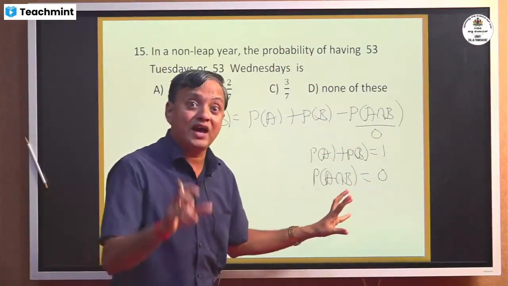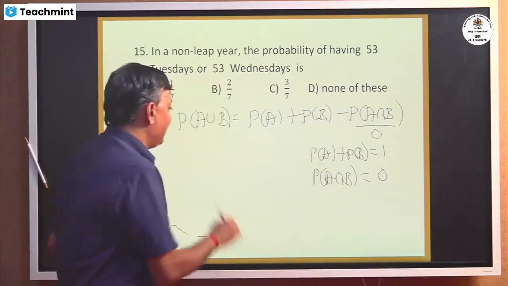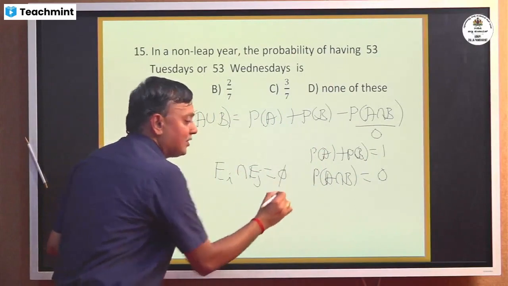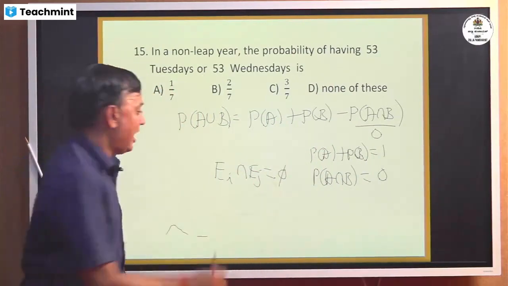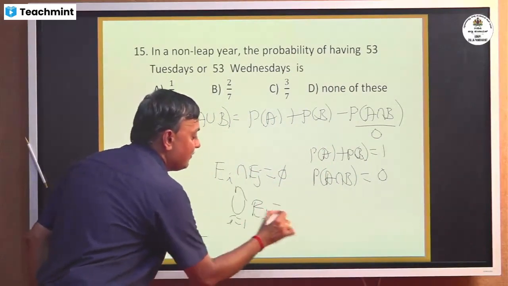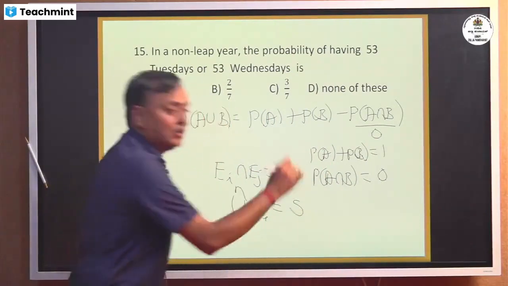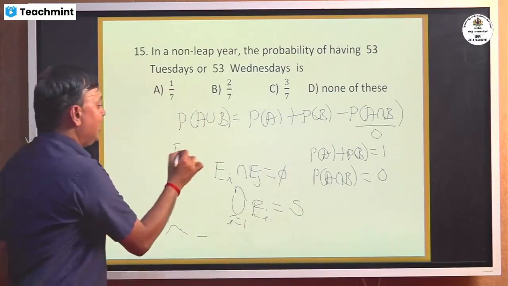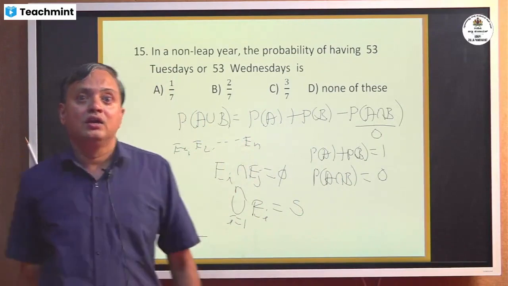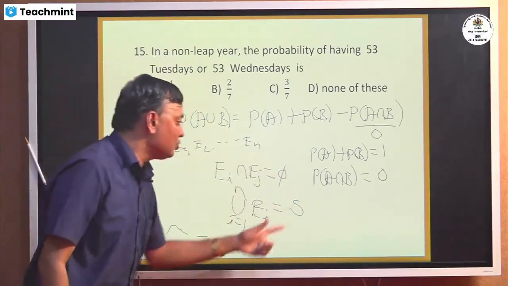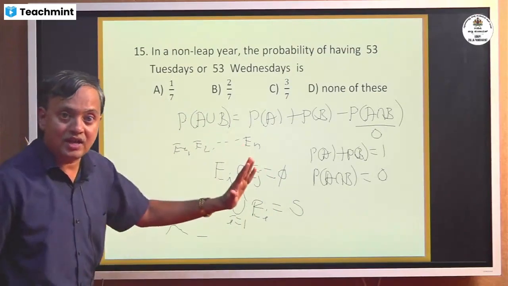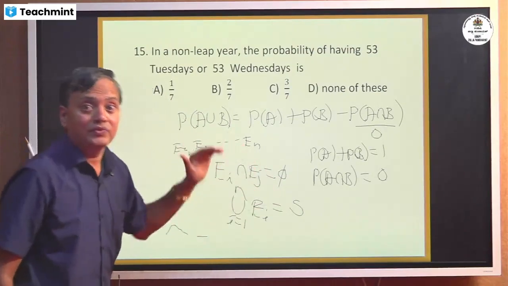Exclusive means they are pairwise disjoint, Ei intersection Ej is empty for any i and j, and the union of Ei where i varies from 1 to n is equal to S, the whole sample space. If these two conditions hold, then E1, E2, up to En are called exclusive and exhaustive events.